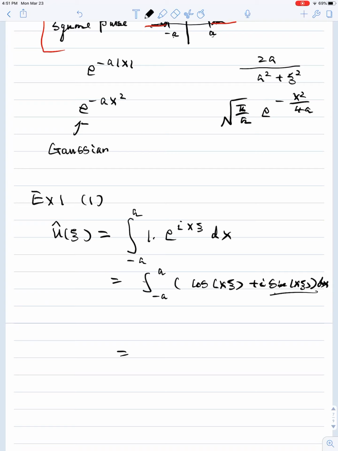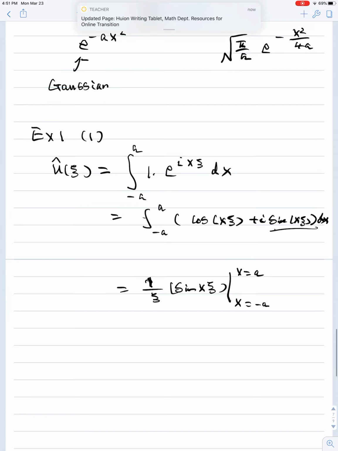The integral of this is going to be 1 over xi sine x xi, where x runs from negative a to a.